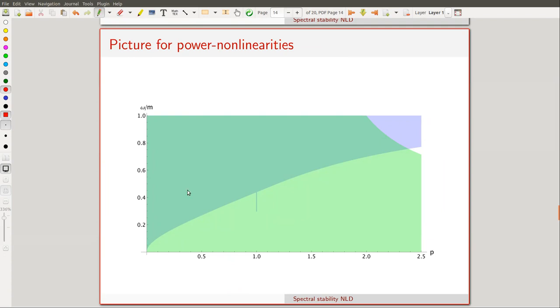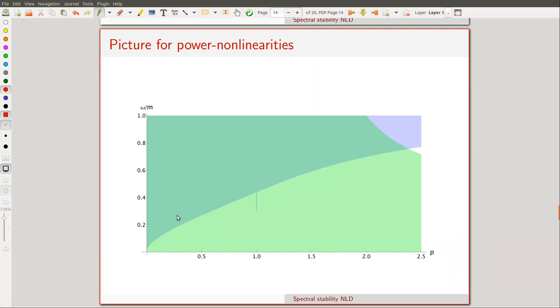So this bluish region shows where the derivative, oh, sorry, other way around. This bluish region shows where the bound holds. So no eigenvalues can go to the imaginary axis unless they pass through zero.